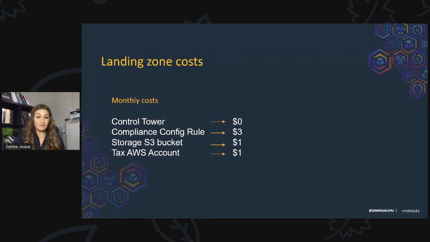The only costs are for the features and services that are part of the landing zone solution. AWS Config compliance costs around $3 in 1 month. Storage is 3 buckets, collecting all the logs, and costs about $1. And there is some tax for each AWS account, costing about $1.